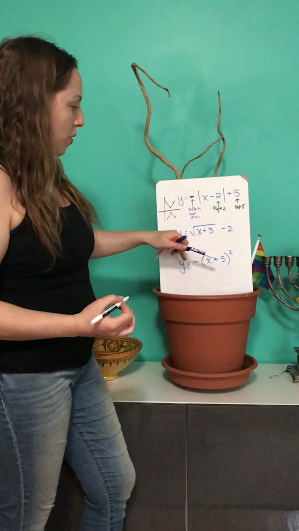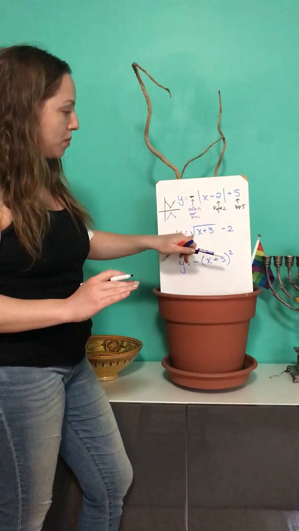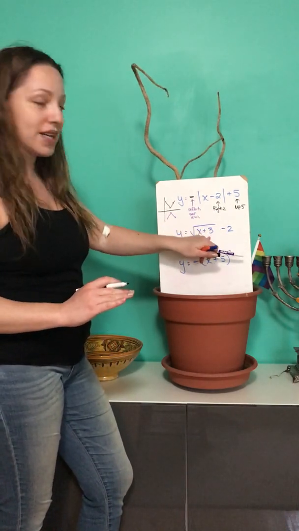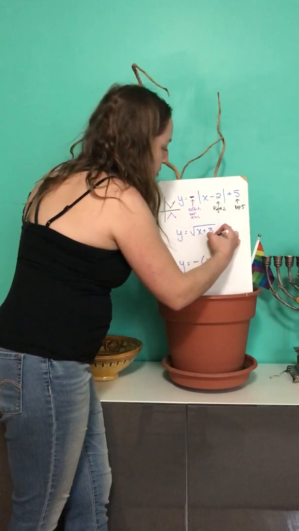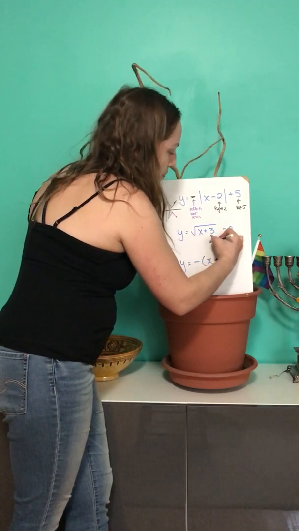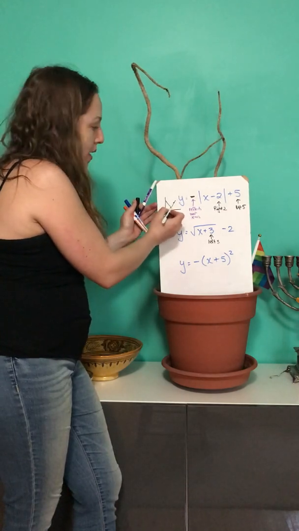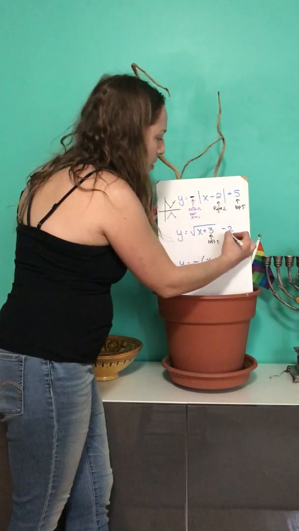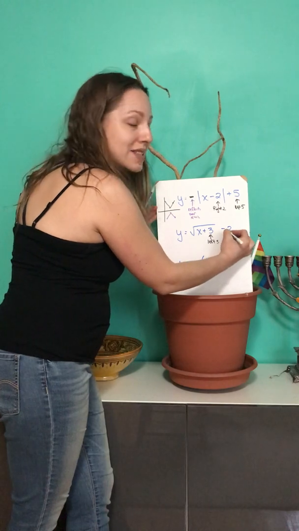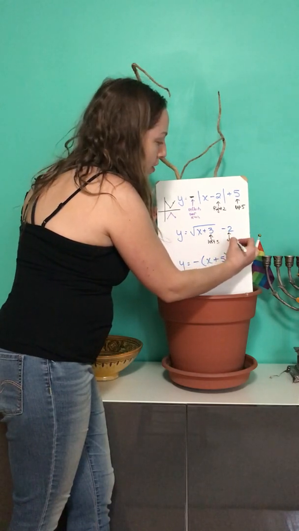Okay, next one. There's no negative in front, so it doesn't flip. Inside of here, there is a number, so positive goes left, and that would mean that you would take the point, the green point, and drag it left. And there's a number out here, and it's negative, so that would go down.